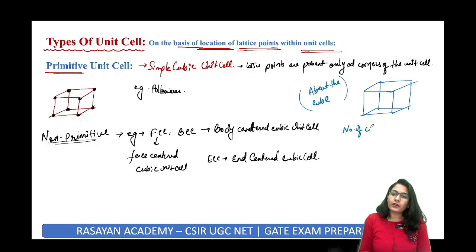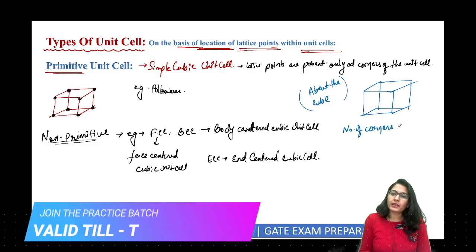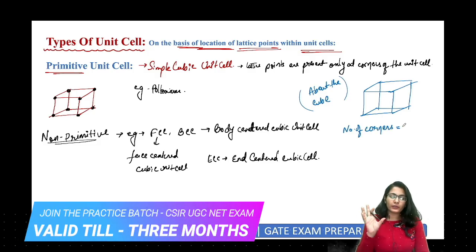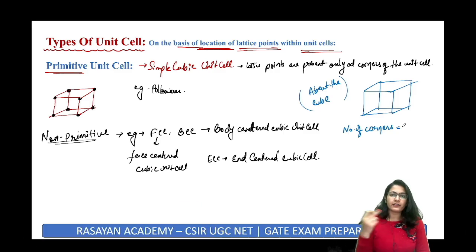We are talking about the geometry of a cube. Let's understand the cube in a better way, then we move onwards. So number of corners are always 8. 1, 2, 3, 4, 5, 6, 7, 8, like this. 8 corners.